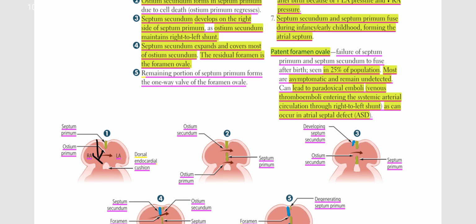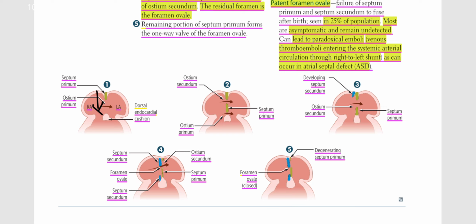In the second stage, there is the ostium secundum; in the septum primum the ostium secundum is formed, and we also have the remaining ostium primum. In the third, the septum secundum develops to the right side of the septum primum, while the ostium secundum is formed in the septum primum.